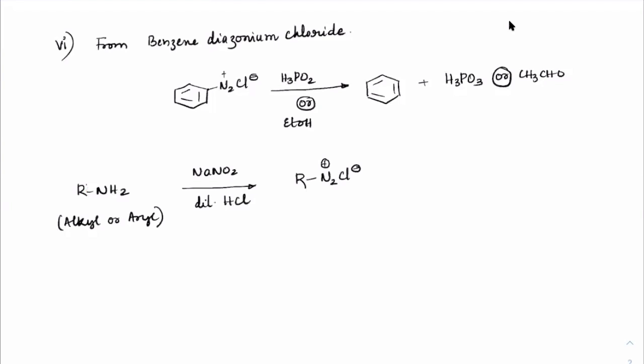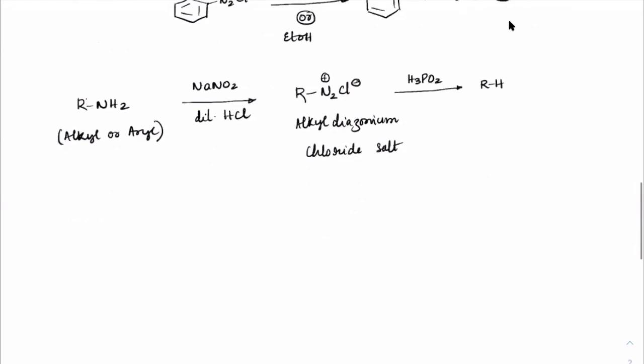This is what it will change into. And this is called alkyl or aryl diazonium salt, diazonium chloride salt. Generally, alkyl are highly unstable. If it is aryl, it is stable, below 5 degrees centigrade. So from there, if you treat that with H3PO2, something like what we have seen, this will get you the RH form. And it is more likely to happen with aryl, so that's why I'm more interested in saying this with aryl.